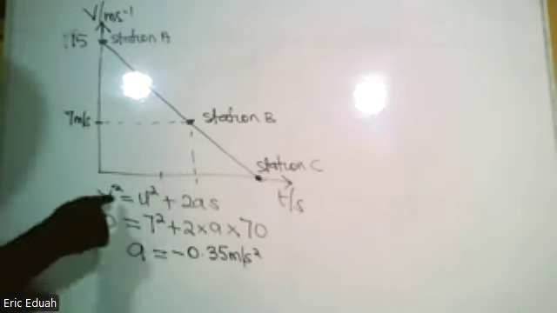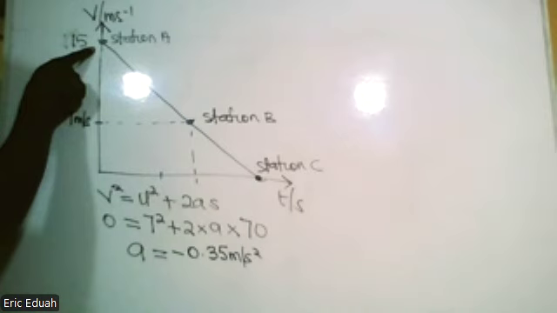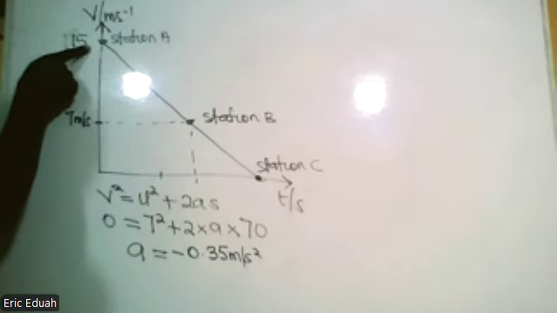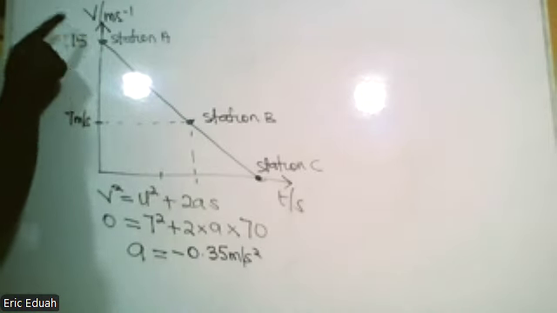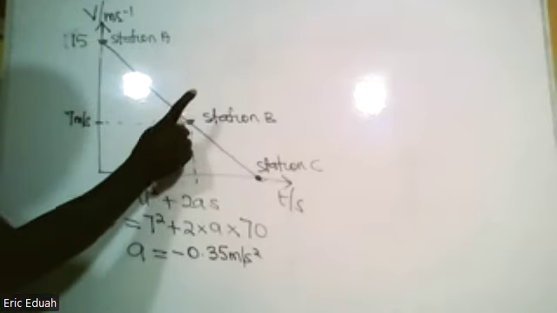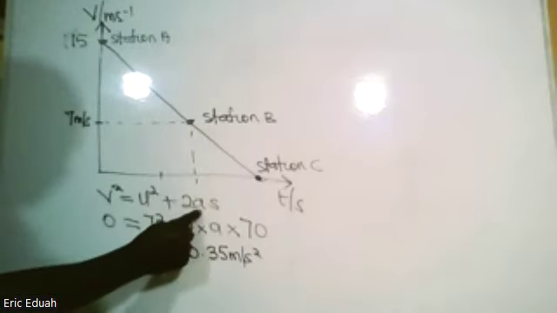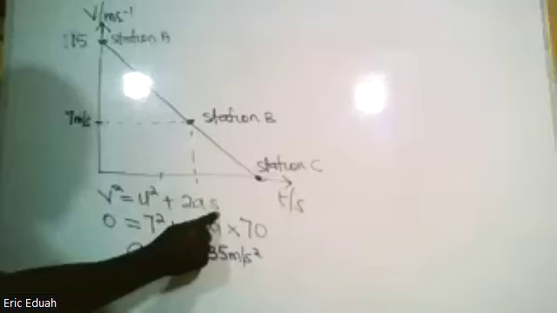Once we found A, we know U. We know V. We have A. We are looking for S, the distance.